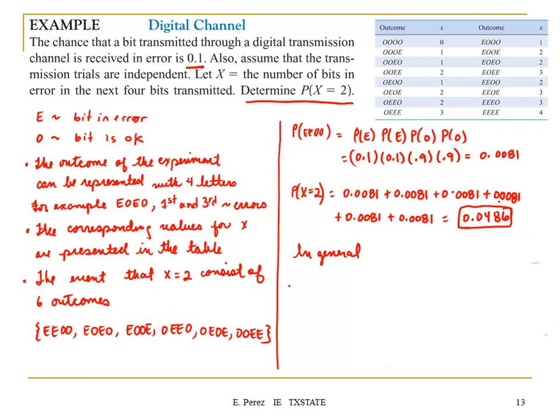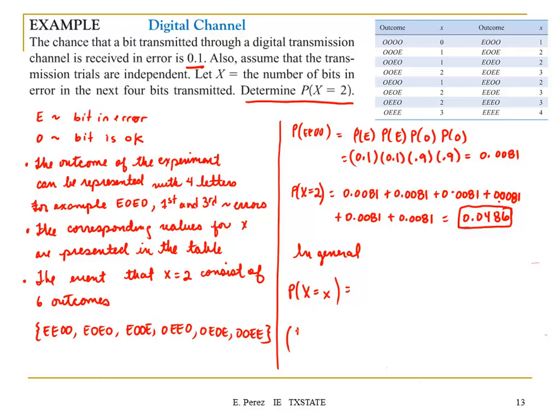In general, the probability of X being equal to x, for this type of problem in which we have independent trials, and a Bernoulli random variable in which you have only two outcomes, success or failure, we can have a model like this.